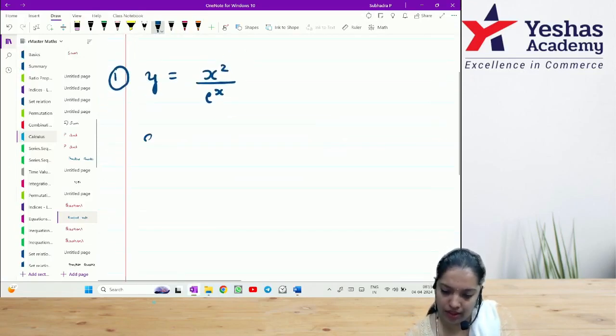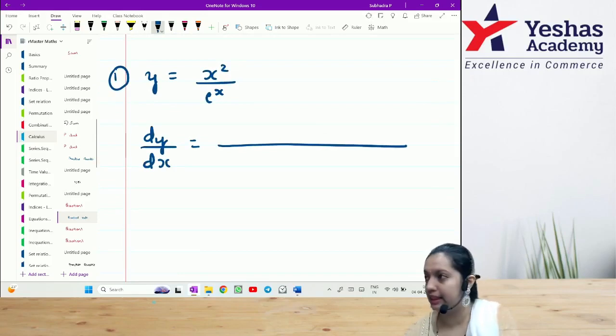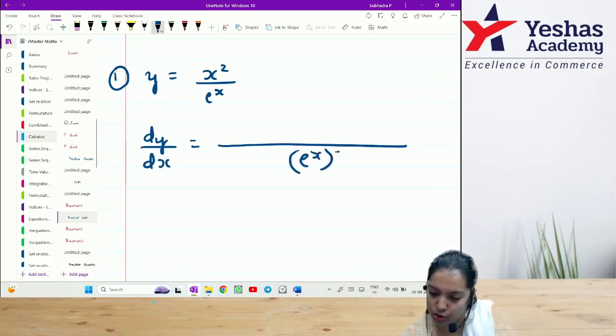Derivative of this is given as the first step. Square the denominator: e power x whole square. Start from the denominator: e power x into derivative of numerator minus numerator into derivative of denominator.